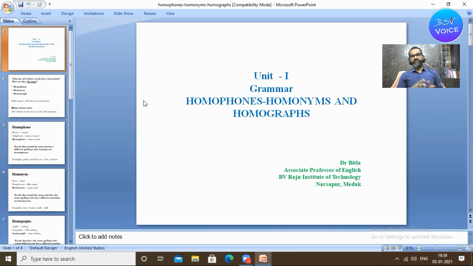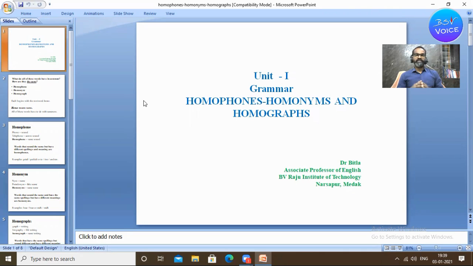When you are a better reader, you'll improve your writing skills, and it leads to speaking skills too. Language depends on LSRW skills: listening, speaking, reading, and writing. Reading and writing depend on understanding of vocabulary, comprehension of words.